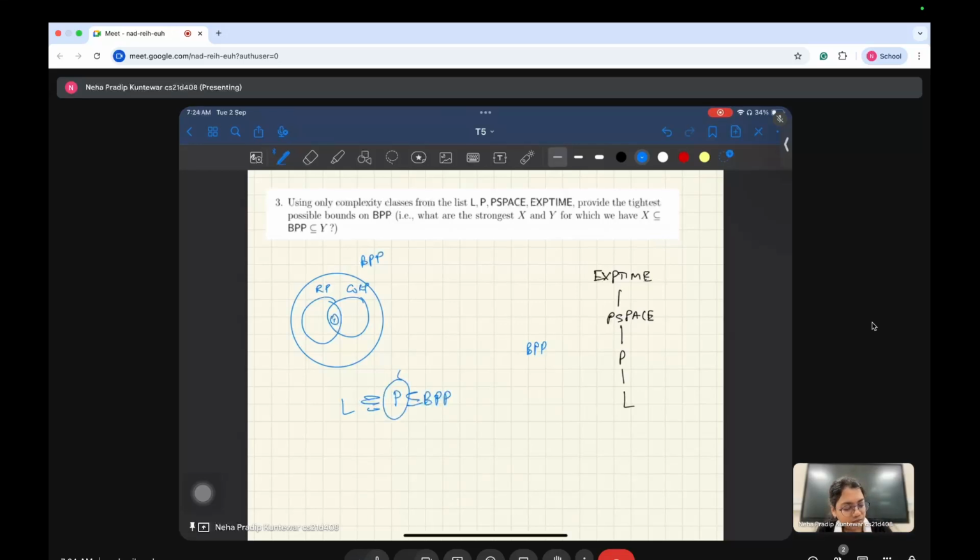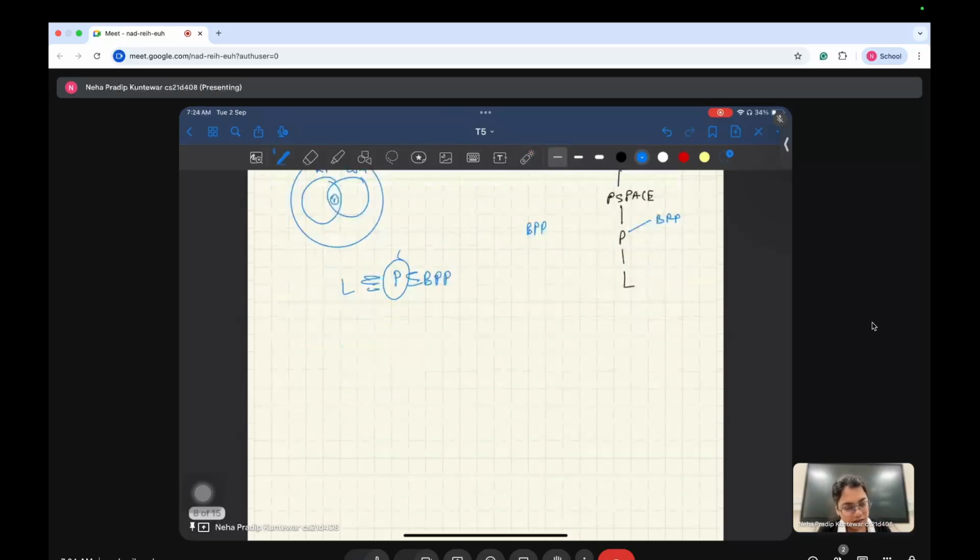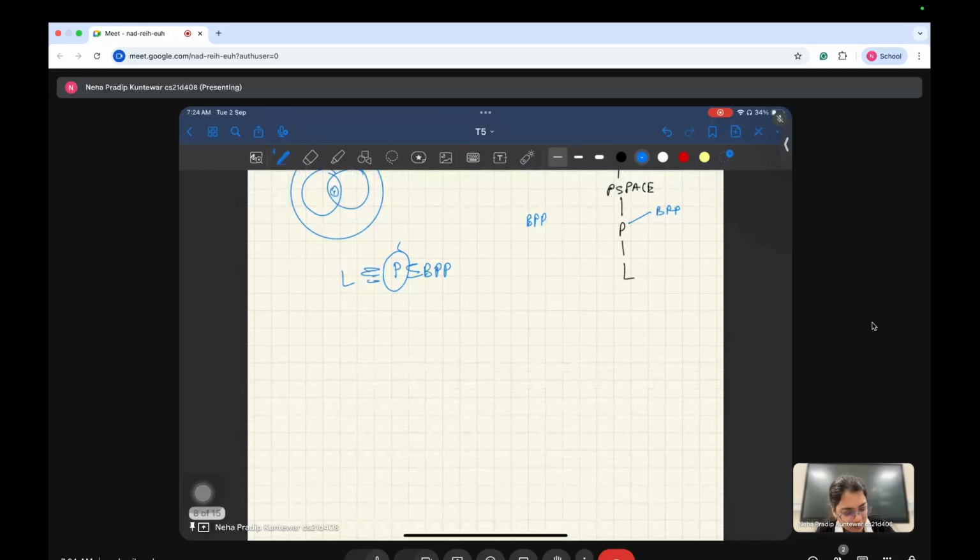So we know that BPP is going to lie somewhere here. Now the question is whether BPP is contained in PSPACE, or we don't know that, or whether it's contained in EXPTIME. So that can be shown. In fact, this is something that we saw earlier. It can be shown that BPP is contained in PSPACE. So how do we do that?